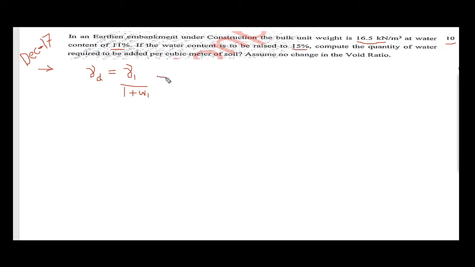Gamma 1 value is 16.5 divided by 1 plus 0.11, the water content of 11% written as a fraction. The answer will be 14.86 kilonewton per meter cube.